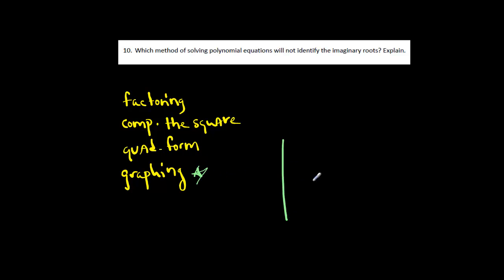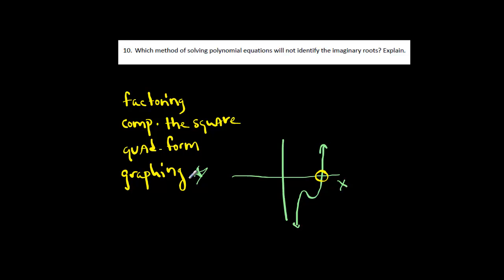The reason why is because when you graph, the x-axis intercepts are the ones that represent the zeros, or solutions, of the polynomial function. But the x-axis only represents real numbers. So for example, if we have a cubic that looks like this, my graph is only going to tell me this solution. It's not going to tell me the two imaginary solutions that this cubic function has.